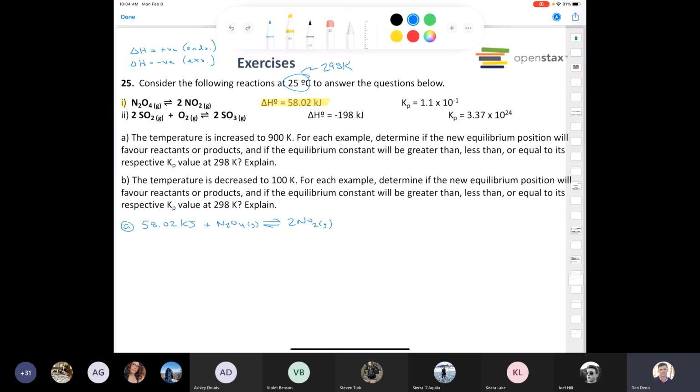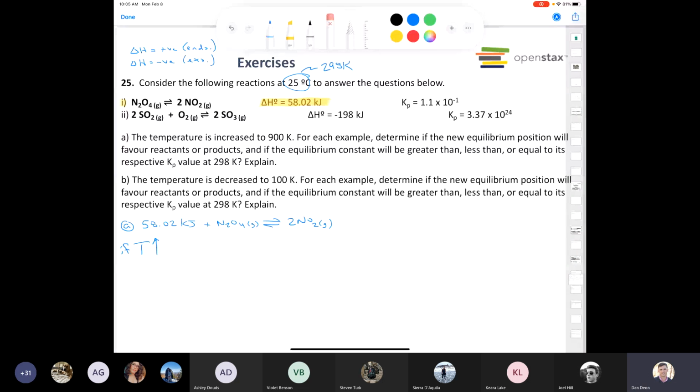Let's see here. If the temperature is increased, it's asking us, if T increases, what's going to happen? Will the reaction shift towards the products or the reactants? Could anybody tell me?